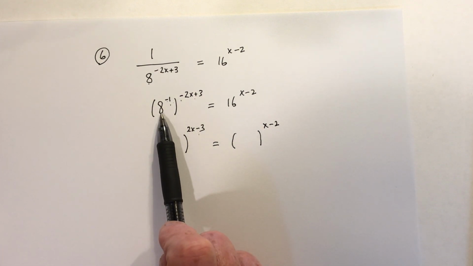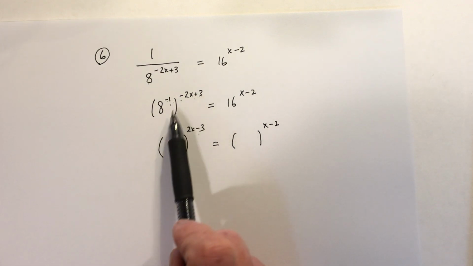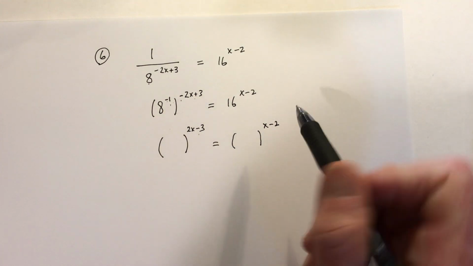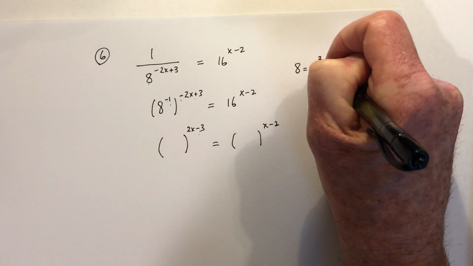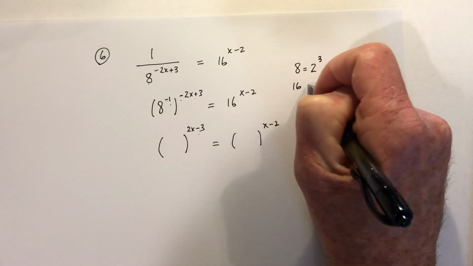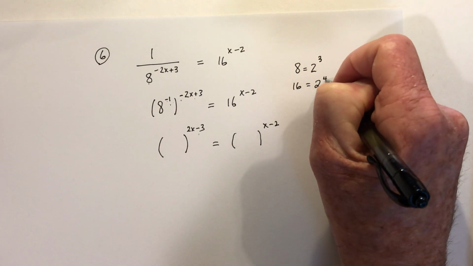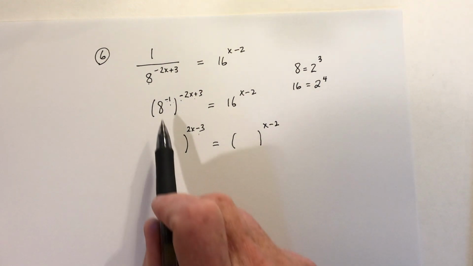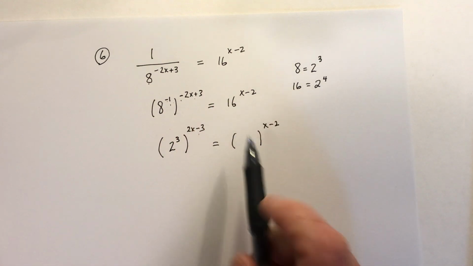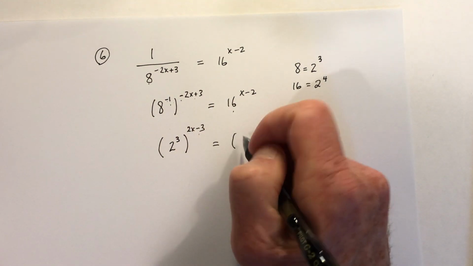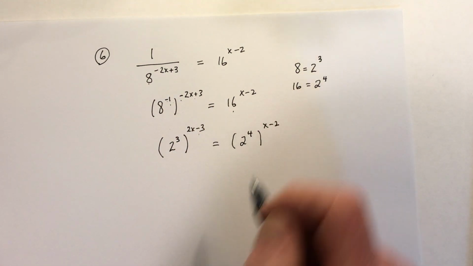So for an 8, I've already taken care of the exponent, now I'm just talking about the 8 itself. Well, 8 is actually equal to 2 cubed, and 16 is actually equal to 2 to the 4th. So I'm going to replace this 8 with 2 cubed, and I'm going to replace this 16 with 2 to the 4th.